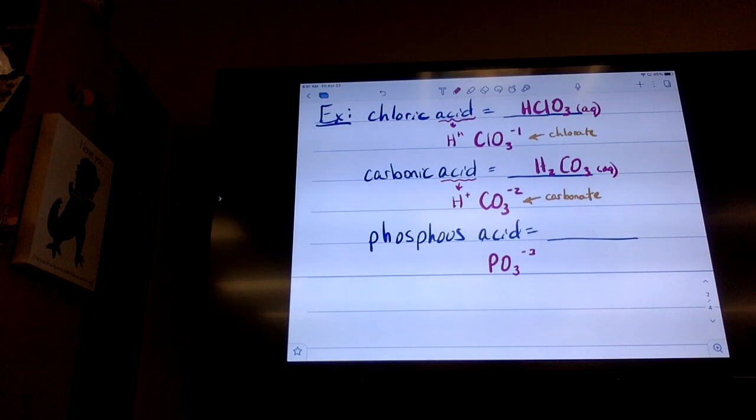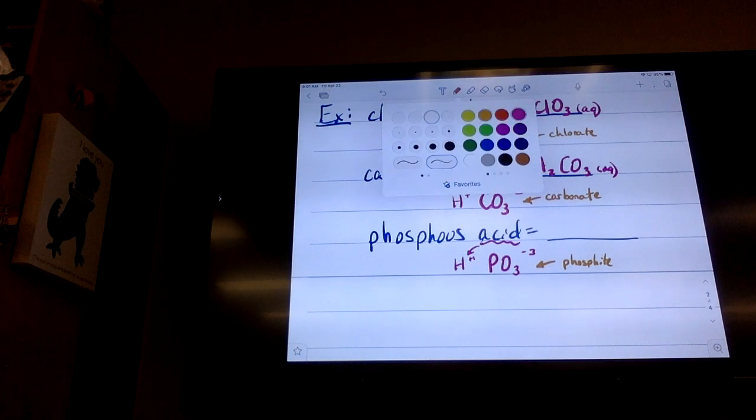Phosphite is there? Yeah, that's there. I'll be darned. Okay. All right, and then acid tells you it starts with H. So Phoebe, what's my final chemical formula? That's why I was looking at you like you were crazy. I was like, it's already there. What's the final balanced chemical formula when I balance out those charges?